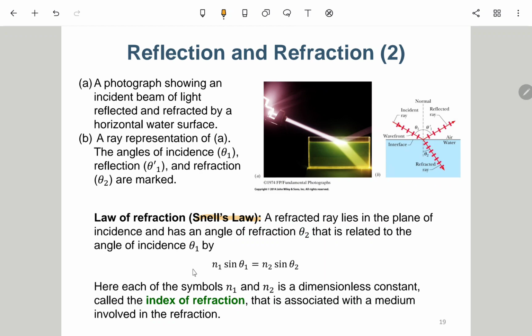So what are n1 and n2? n1 and n2 are the indices of refraction, 就是折射率. How is it defined? This n is defined as c divided by v.